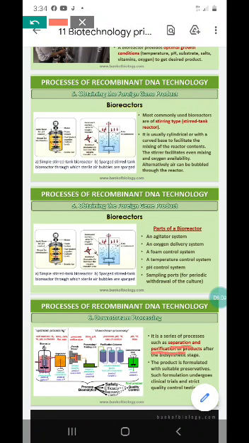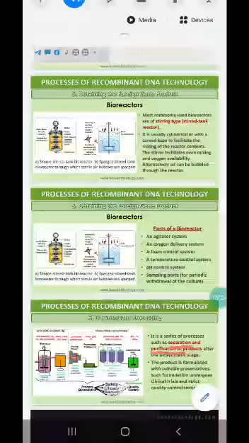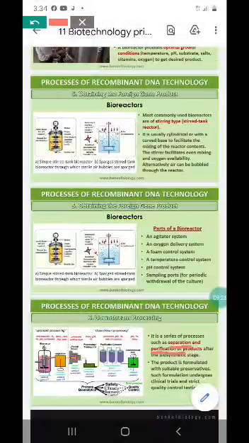If the product is a vaccine, vaccines cannot be directly used for human beings. It has to undergo clinical trials. It has to be tested on monkeys or rabbits, and only if it is successful will it be given to human beings.